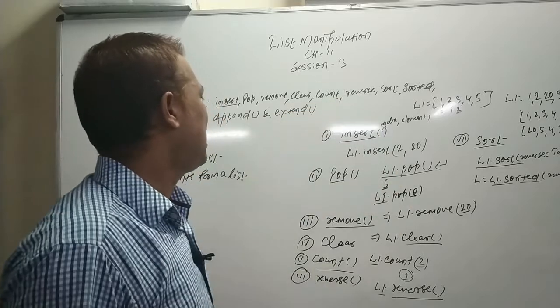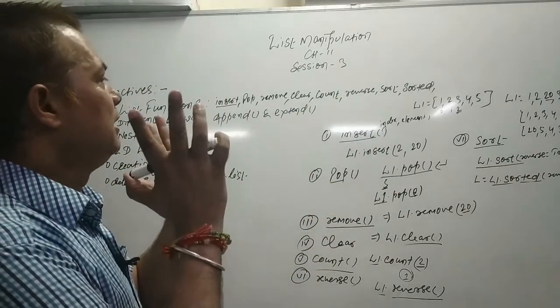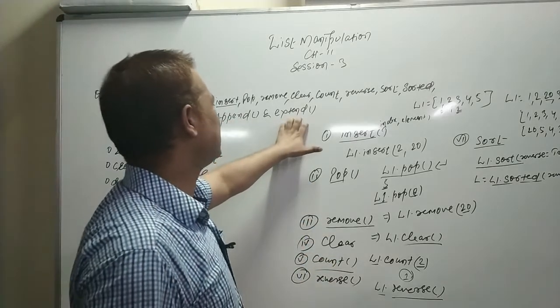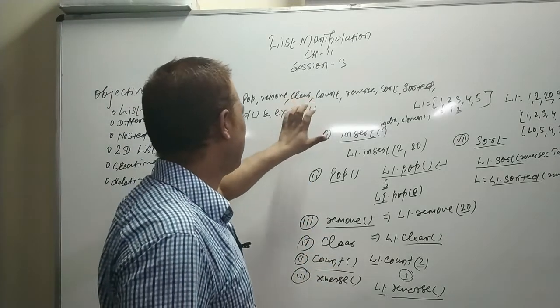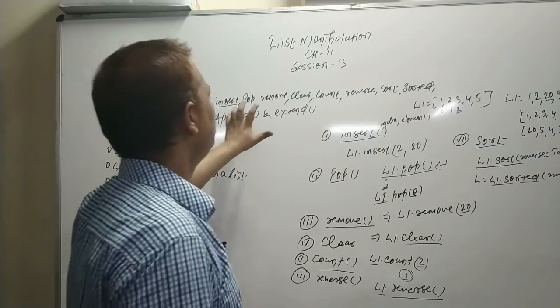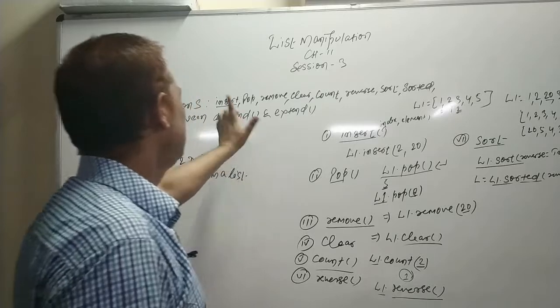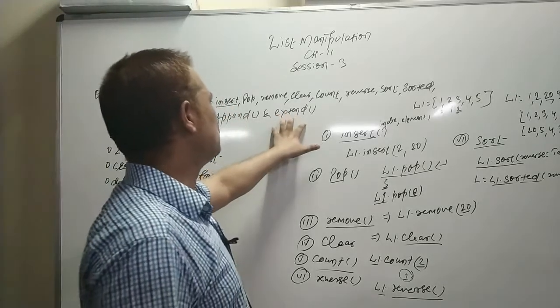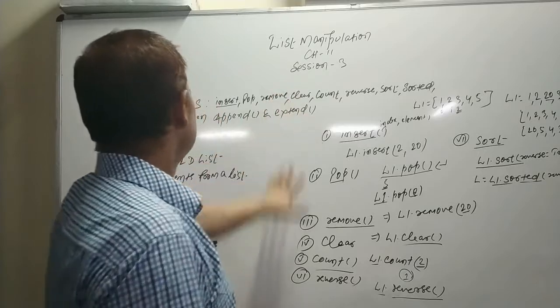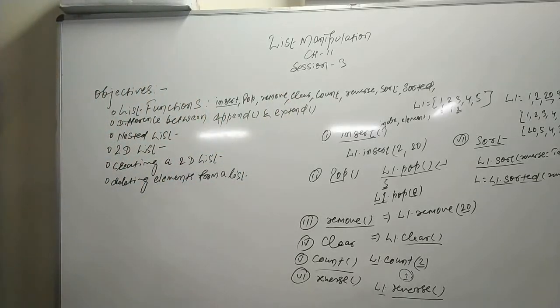Extend takes place after the last element of the list is over, and it takes a list as a parameter. Append only takes an element as a parameter. Append is generally used to add an element at the end. Extend is used to extend a list with some other list or a set of elements. This is the difference between append and extend.